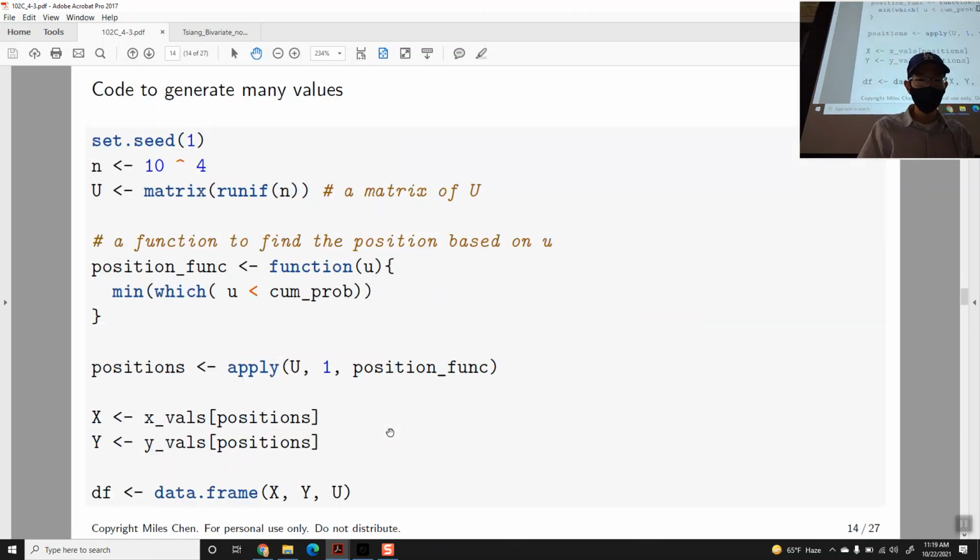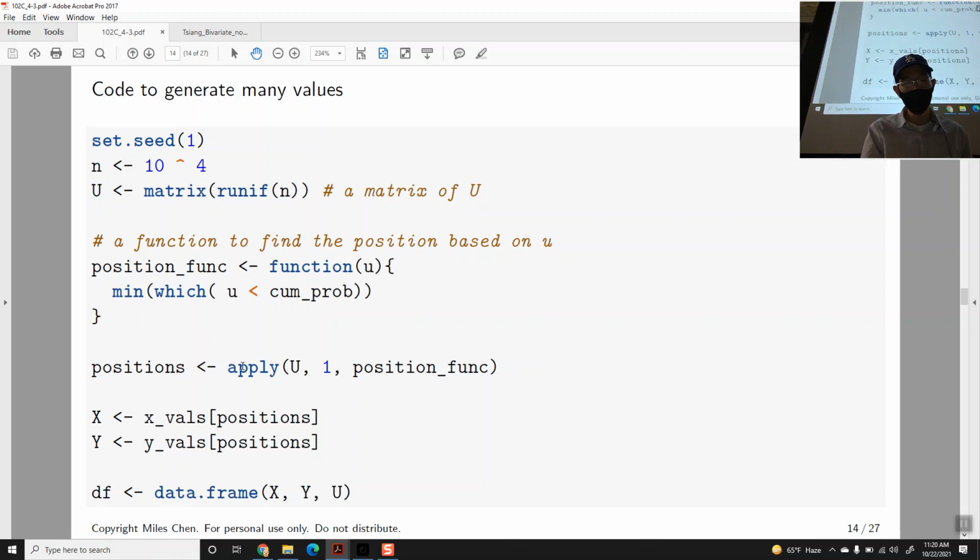And so here, I just wrote some code to do this 10,000 times. I'm going to generate 10,000 random values of u, and based on that, I'm going to apply this function: give me the minimum value where u is less than the cumulative probability.